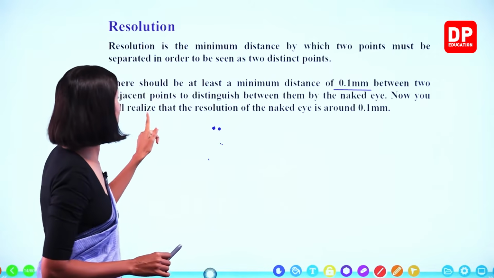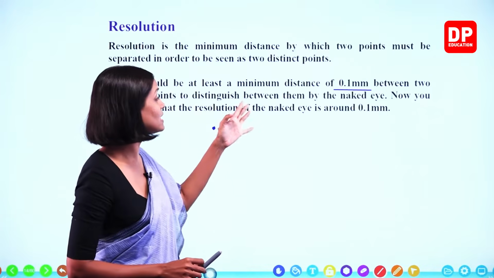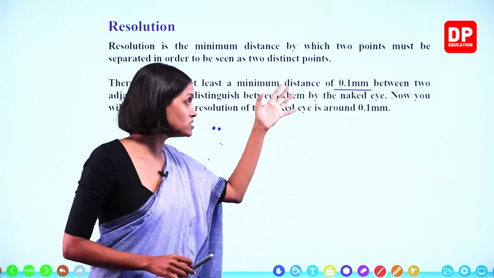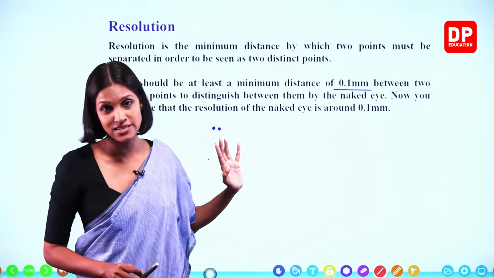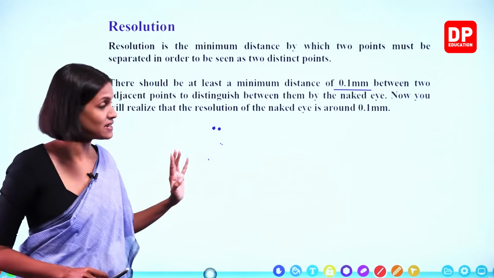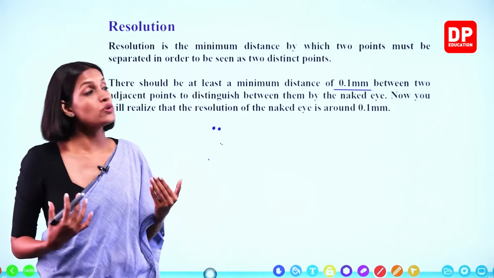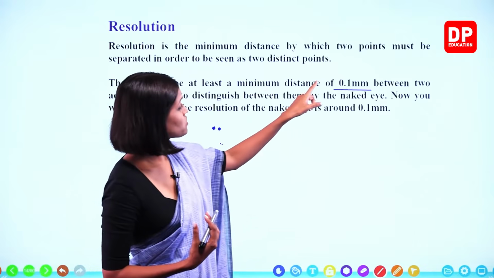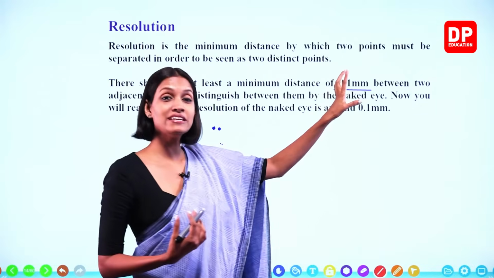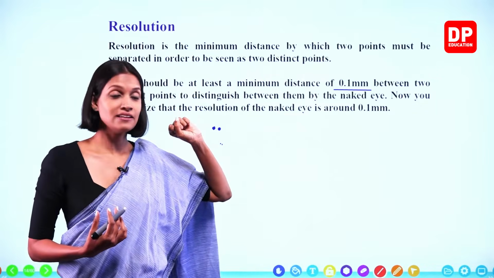Now you will realize that the resolution of the naked eye is around 0.1 millimeters. Right, children? As we get older, our eyesight gets weaker. So what happens to the 0.1 millimeter distance? It increases, right?